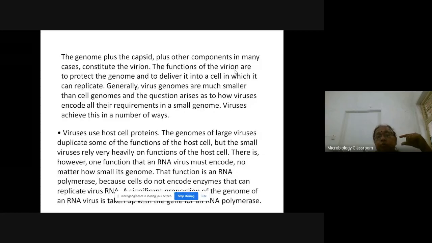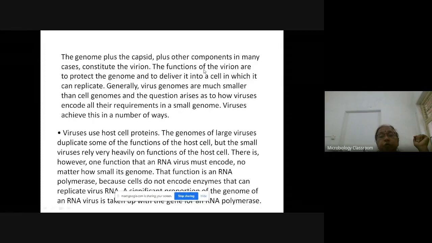The coat is composed of proteins of different types, which are coded by the genetic material of the viruses. So a protein coat within which the genome is present is known as a virion. We will see the function of the protein coat in the virus or the virion.